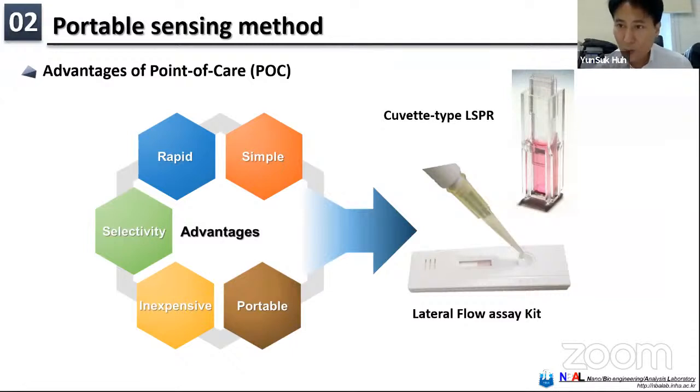In our work, we are also focused on reducing the detection time to within 10 minutes. It should be easy to follow the protocol at the middle school or high school level, so the protocol and all of the sensing procedures are very simple.